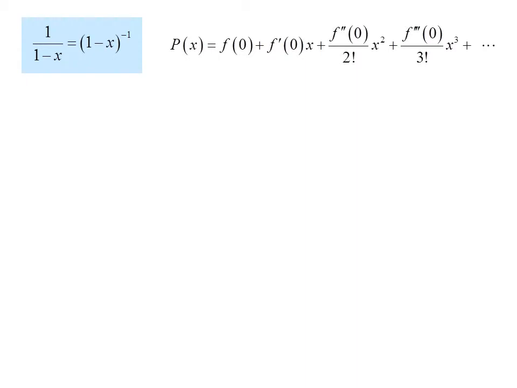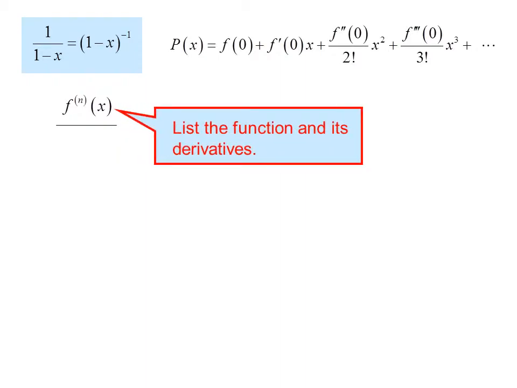We'll start with a simple one as an example. 1 over 1 minus x equals 1 minus x to the negative 1. We list the function and its derivatives. We have 1 minus x to the negative 1, bringing the exponent down, decreasing it by 1, and using the chain rule, we get 1 minus x to the negative 2.